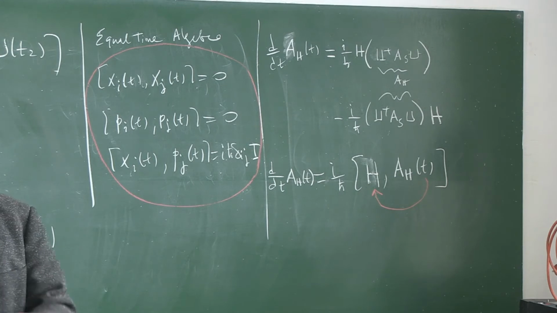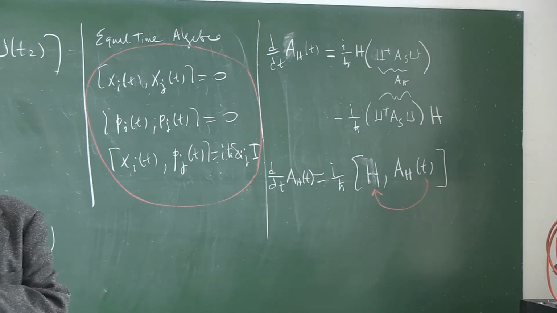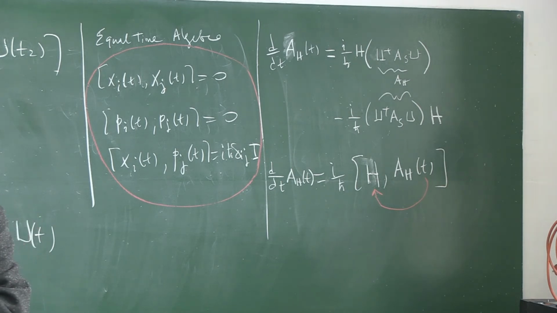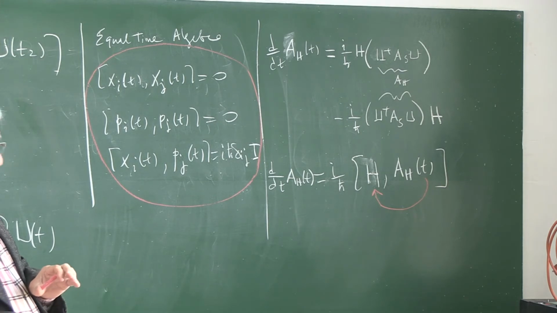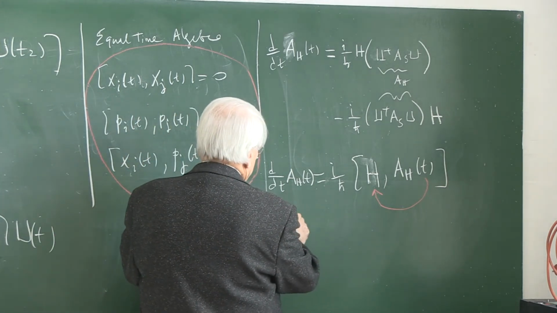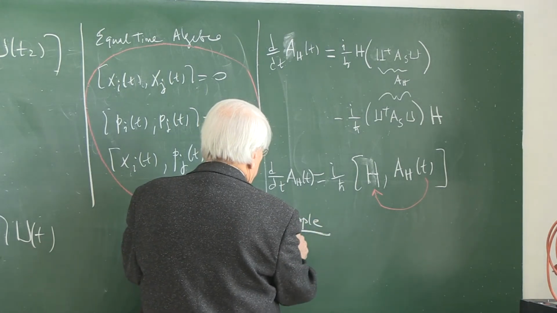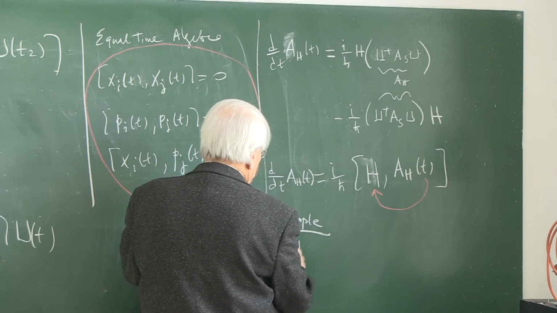So let me illustrate this. I hope you really appreciate this particular point. It's a beautiful point. Therefore, let me illustrate this on the free particle. Example. To make life as simple as possible, I will take a 1D free particle.